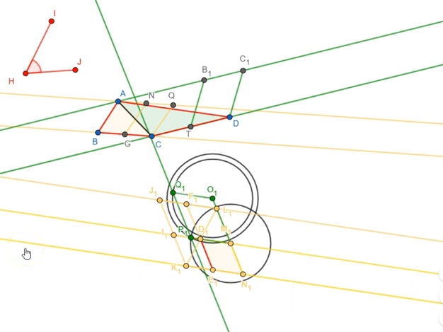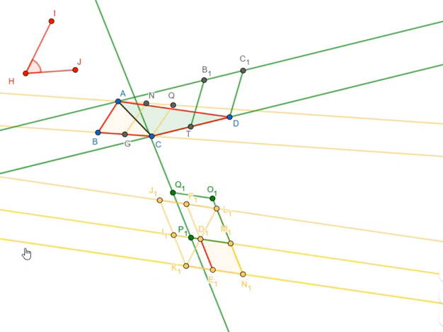Okay, now let's hide all these circles. It really clutters up the diagram. Okay, so now we have got this line. Now we have to join this also. So draw a circle at N1 of radius TD and mark the point of intersection with this line.